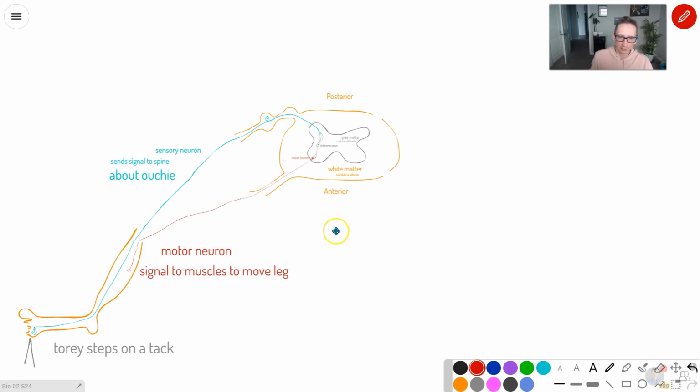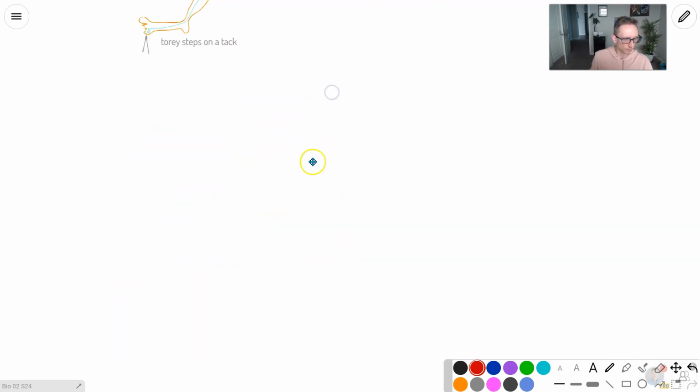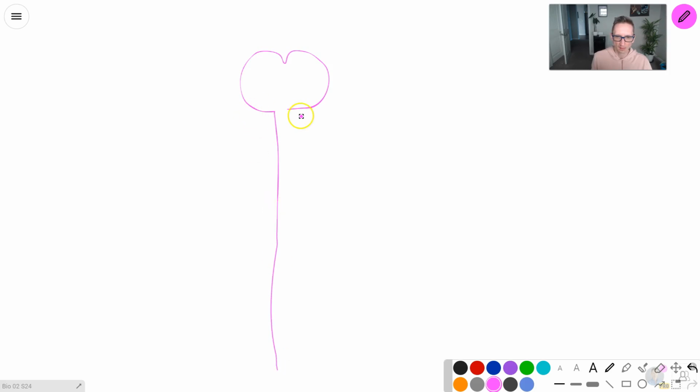And this ties into something that we've already learned. All right, let's draw a very simplified central nervous system here. So we've got a little brain here, and we've got a spinal cord.